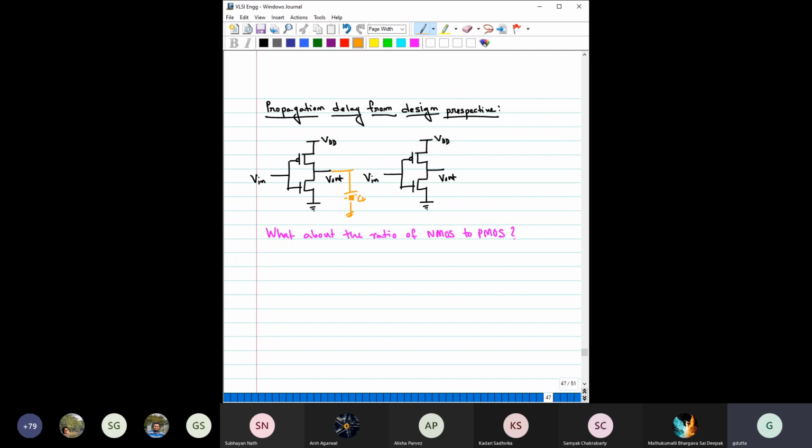If you take, for example, this 2:1 ratio, even though it can make the charging and discharging cycle symmetric, that does not guarantee that you are getting the least propagation delay.